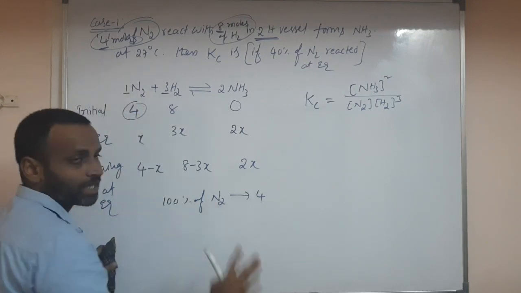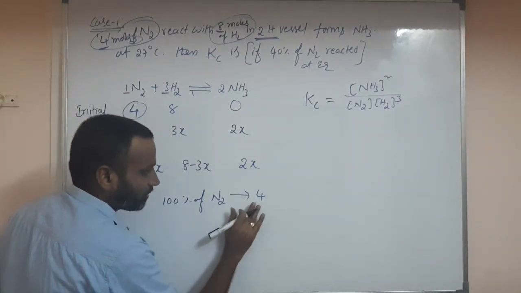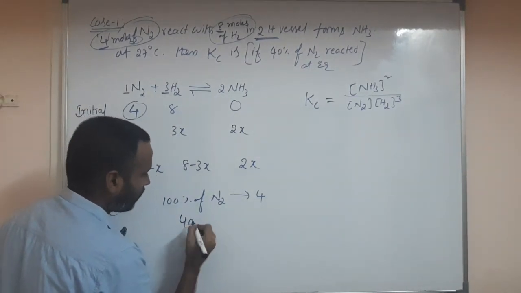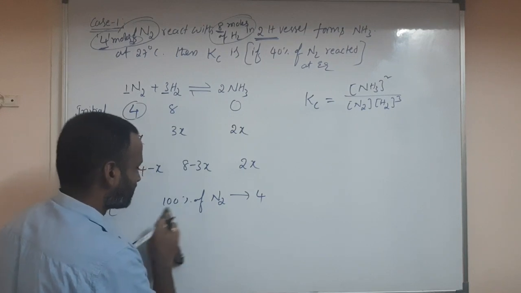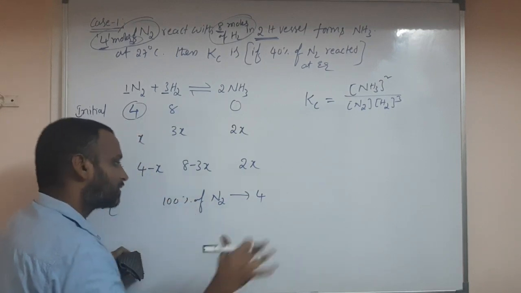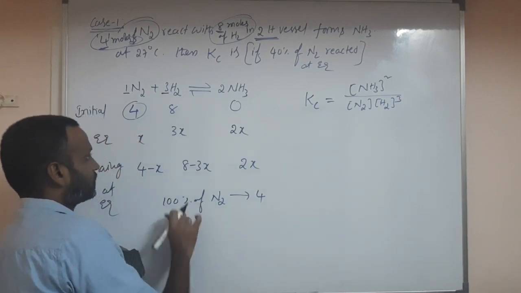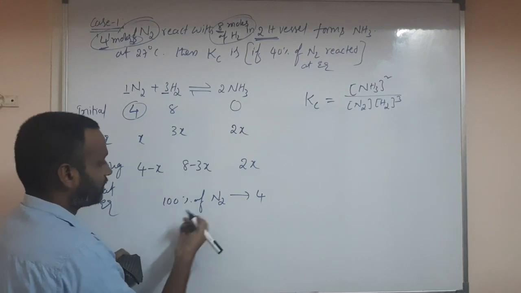Now 100% of N2 is 4 moles, so 40% reacted. You can take that directly, or write it here, no problem.